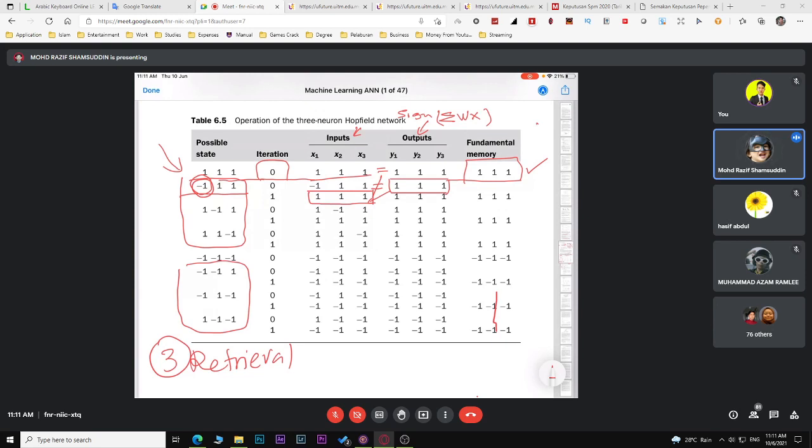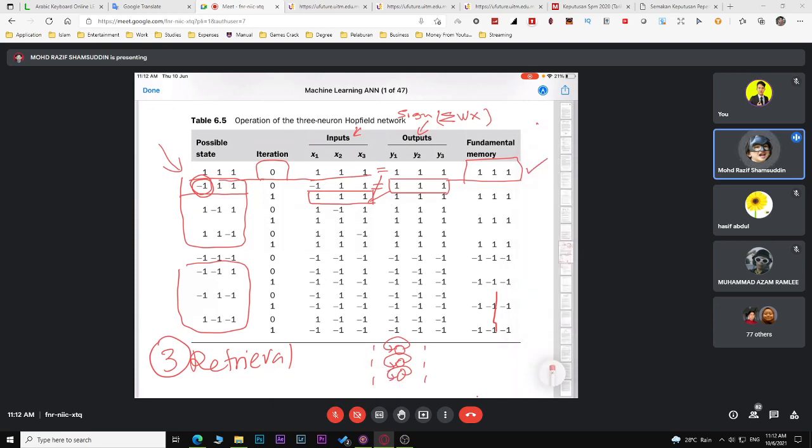Okay. Again, output yang tak sama dengan input ni dibawa menjadi input. So inilah feedback loop dia. 3 ni dia patah balik ke sini. Ini patah balik ke sini. Ini patah balik ke sini. Right? So -1, 1, 1, 1, 1, 1. So bila dia patah balik, yang ini dia jadi 1.